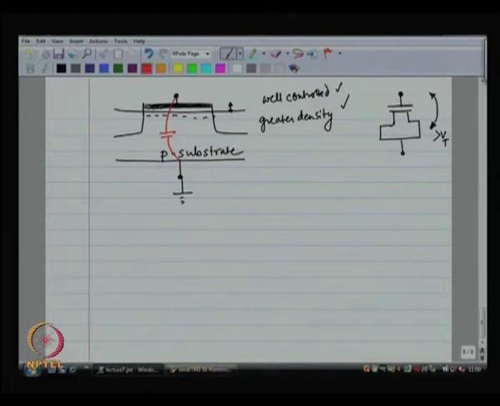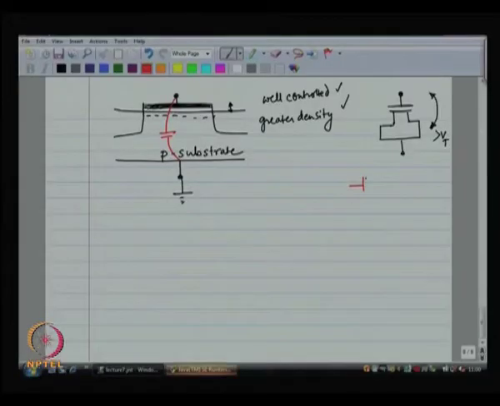So, if you are planning to make a floating capacitor between 2 points, this is not the way to go, because now unfortunately you are trying to make this. Okay. Unfortunately, you have got some parasitic capacitance from the gate to the substrate. You have also got some parasitic capacitance from the bottom plate to the substrate.